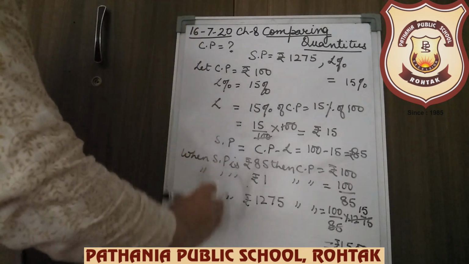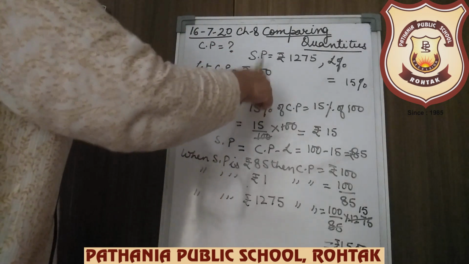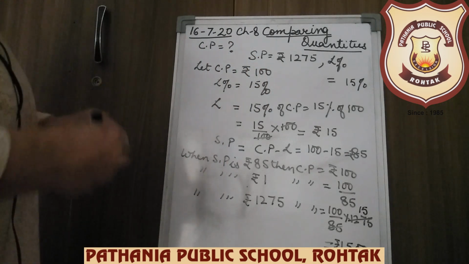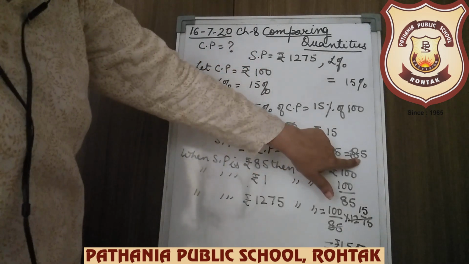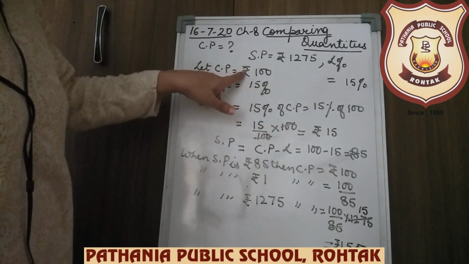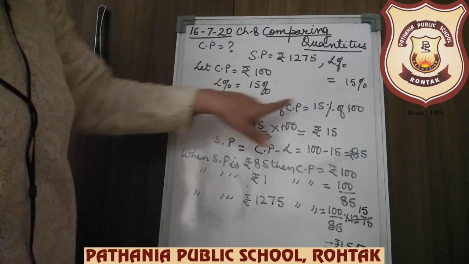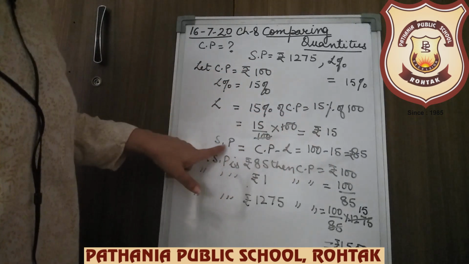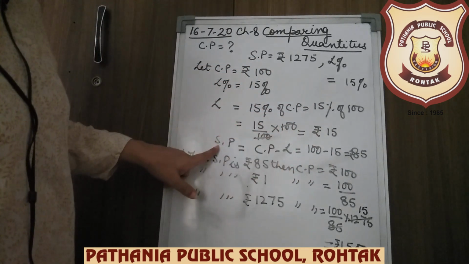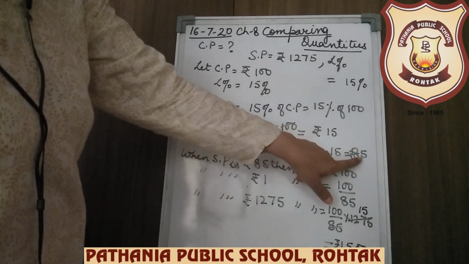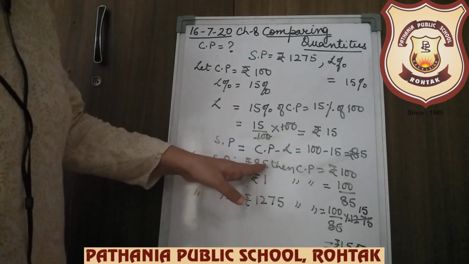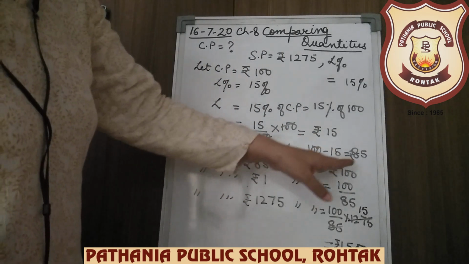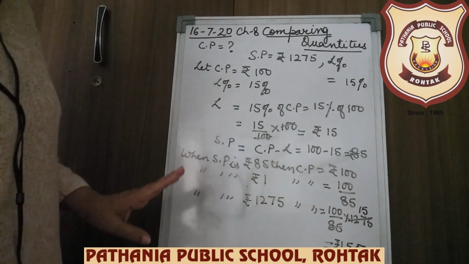So this is the unitary method. You have taken CP as 100. With this CP, first find out the SP. You have CP, 15% of CP will give you the loss, and when loss is there, SP will be smaller than CP. You got 85, and when SP is 85 rupees, then your CP is 100 rupees.